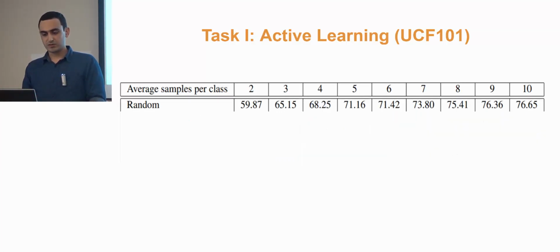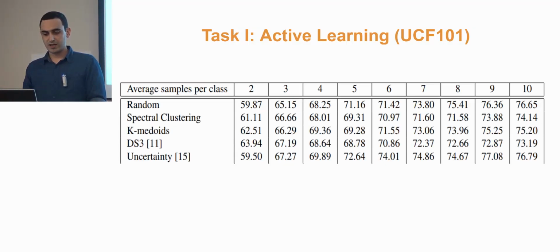So these are the results for using just random selection, and these are different selection methods and one active learning method which uses just uncertainty. You can see that any selection method can help, but the active learning methods which use uncertainty to select the samples, because in the first few cycles the model is only trained on like 1 or 2 samples, the uncertainty score that you extract from the model is not reliable, so you cannot use it for selection.